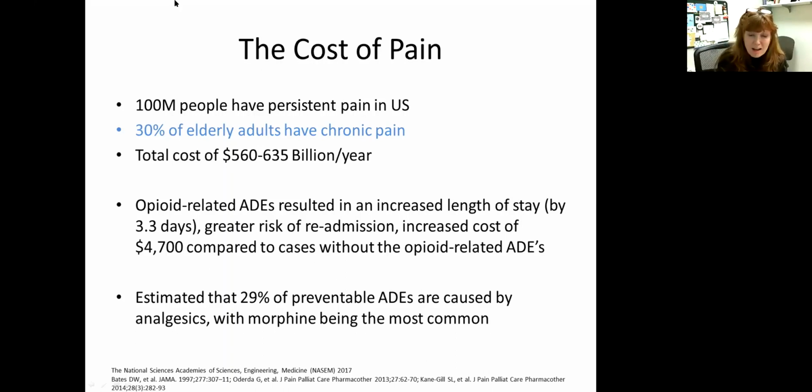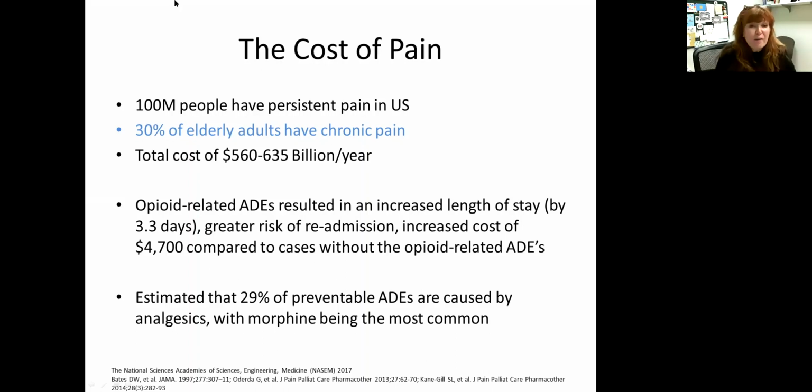The total cost actually is staggering. It's $600 billion per year to manage pain, and that includes direct patient care, loss in wages, etc. And the cost of managing pain is greater than the combination of cardiovascular disease, diabetes, and cancer together.